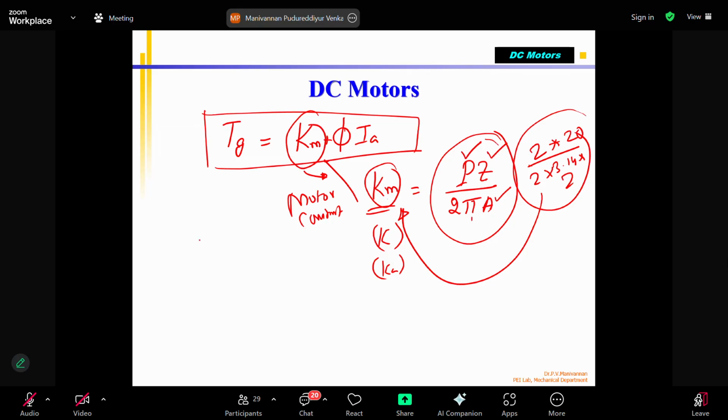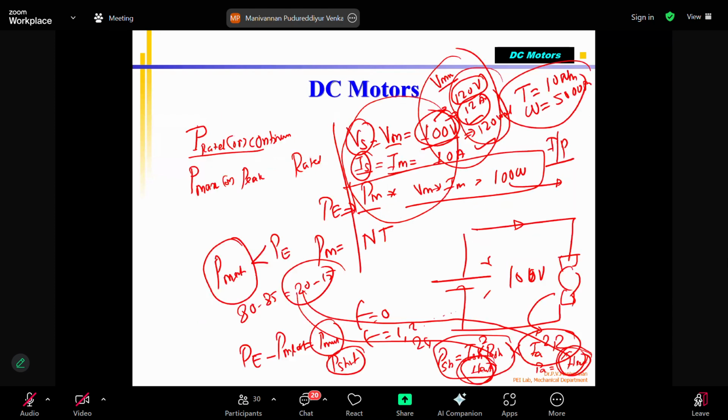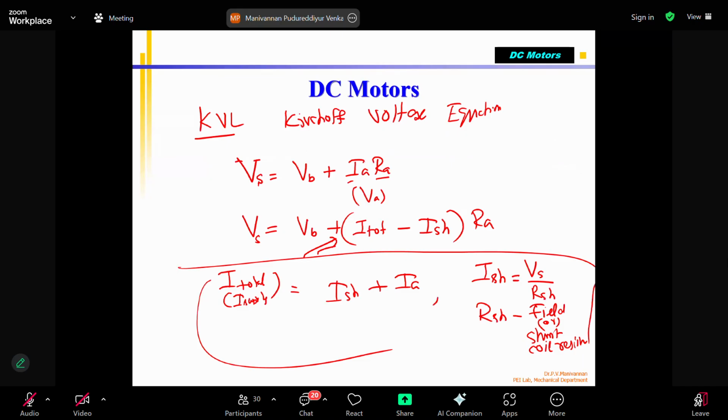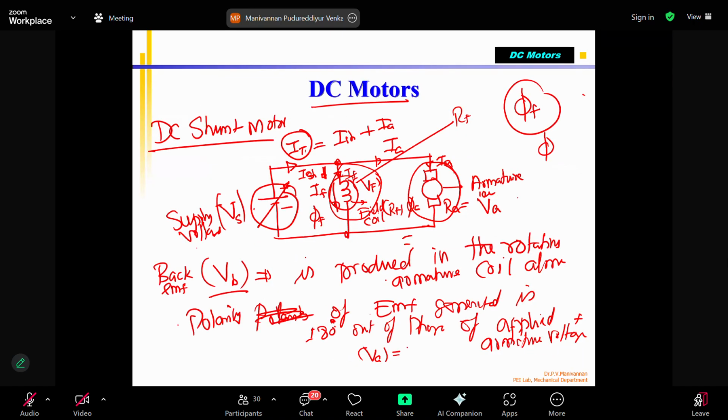So if I draw the torque versus current, what does it actually mean? This phi also will be constant many times. I told you, correct? Why is it constant in a shunt motor? We know that we supply voltage, and it is connected in parallel. Again, for clarity, if we apply 100 volts, the same 100 volts is applied across the armature coil and also the field coil.